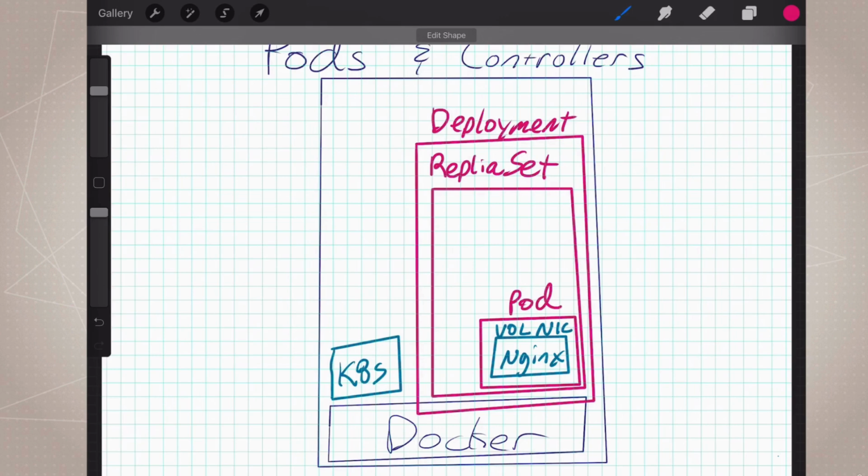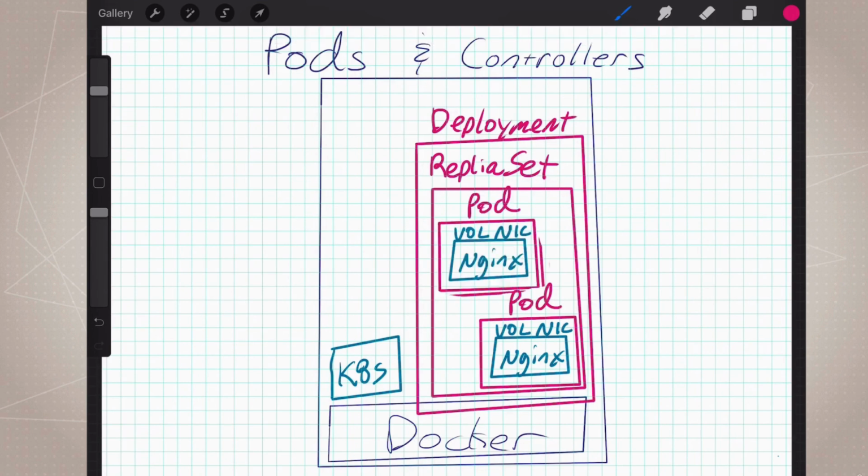Now, we could control each one of these different levels of abstraction. We could type commands to control the deployment, the replica set, or the pod itself directly. But usually in these situations, you're always going to be managing the deployment itself, and then it will take care of the rest. To give you an idea of why the replica set in the middle exists, it's if we wanted to create another copy of this pod, just like when we do Swarm service replicas.